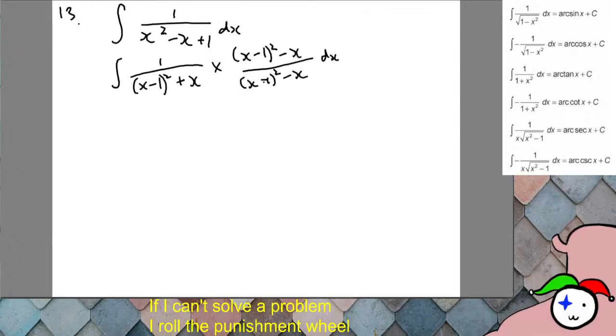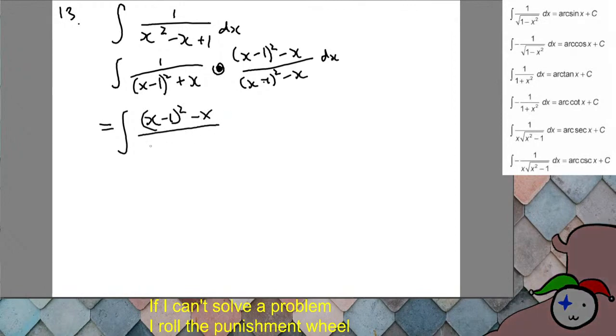Hang on, let me... That looks like an extra x there. Let me use a dot instead. So that will give you x minus 1 squared minus x over... I'm probably doing this very wrong because this would be power 4 minus x squared.